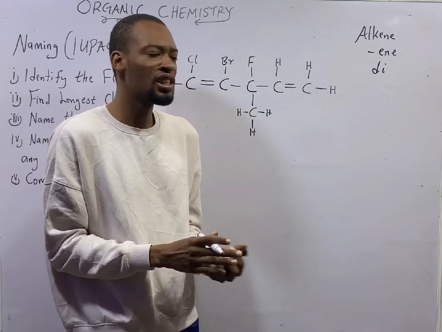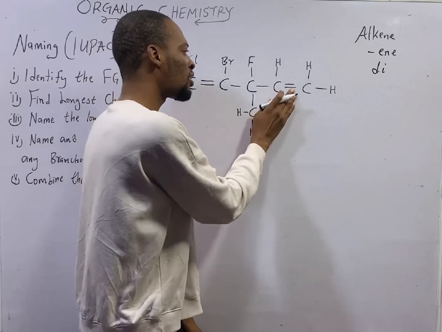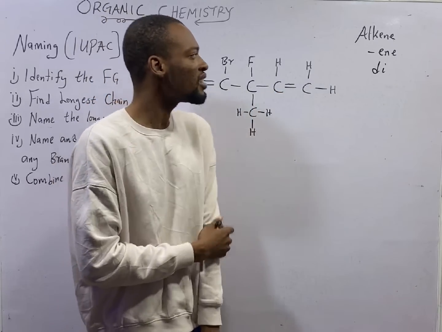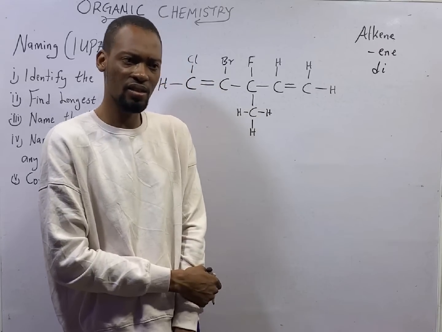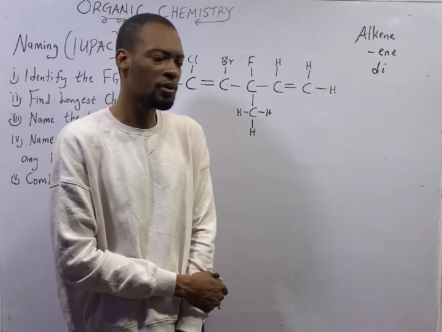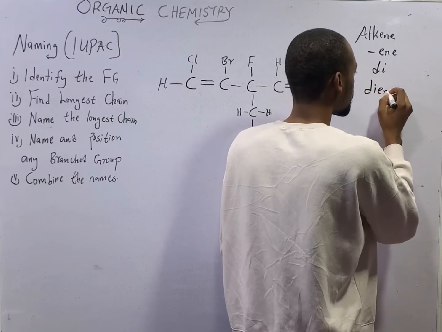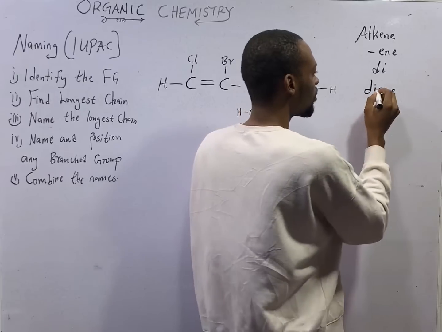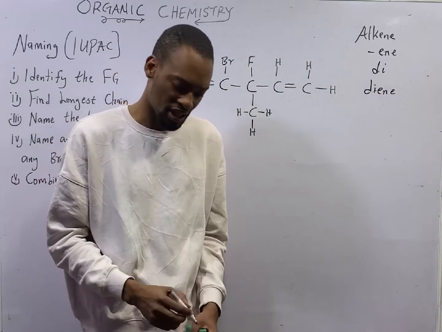For four similar, it will be tetra. Since we have a double bond here and another double bond here, this compound is not just an alkene, but a dialkene, two functional groups. This gives us diene, to tell you that we have two of the ene.